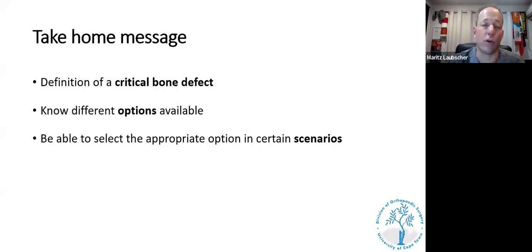You should know lots of different options, and you should know when to select the right one for the appropriate scenario. There are no wrong answers, but there's no single right answer for any of these cases. And to quote Brian Bernstein, with these cases the only person in the room who would be wrong is the one who says only his way is the right way.